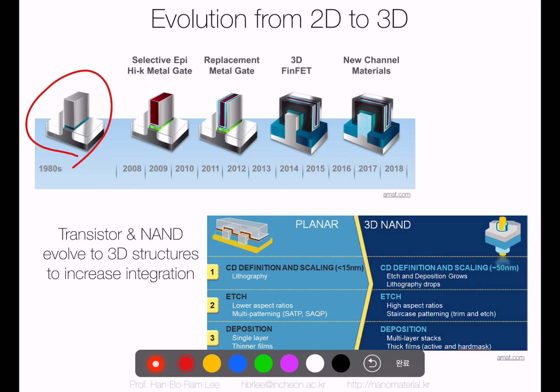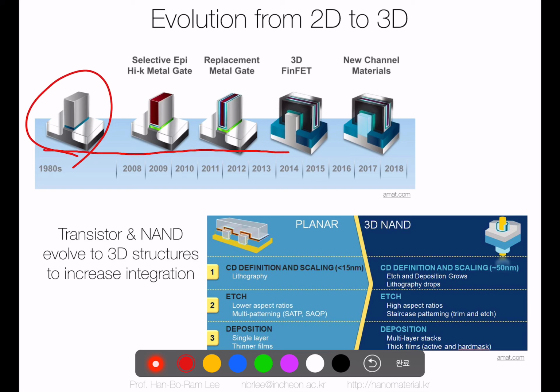This is the transistor shape. The transistor used to be a two-dimensional shape, and then we have to decrease the size of the transistor. Sometimes we can't meet the performance requirements for the transistor. To overcome that, the transistor structure evolved from two-dimensional to three-dimensional shape.